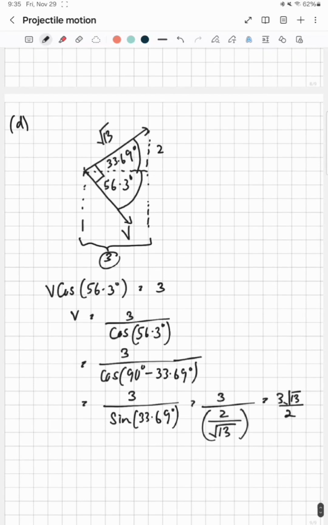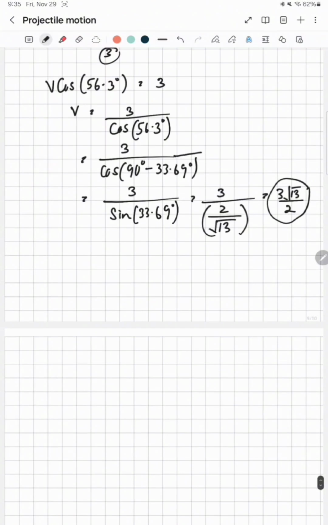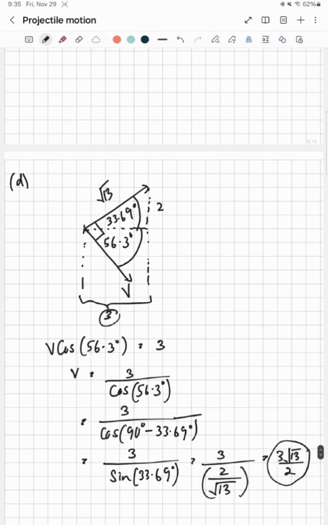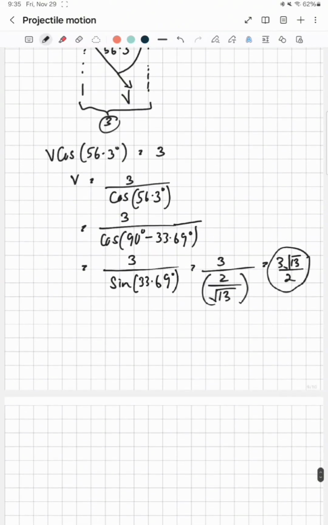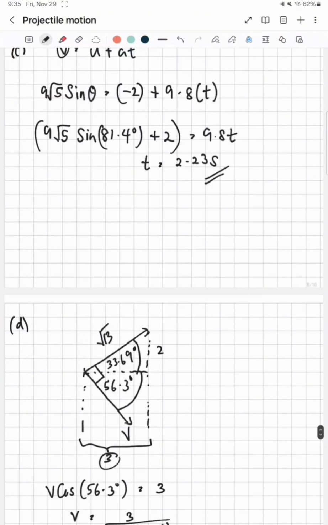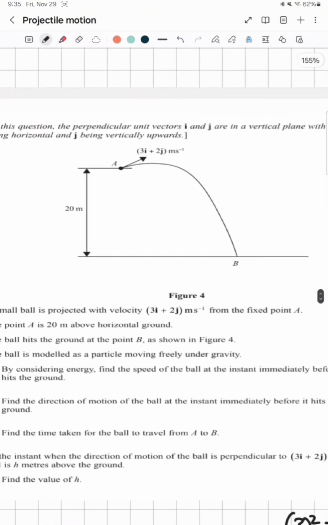Now we found the speed. This is the magnitude of the speed at that point, which is when the velocity is perpendicular to the initial velocity. So we just assume it's somewhere here, I'm just taking it as an example.